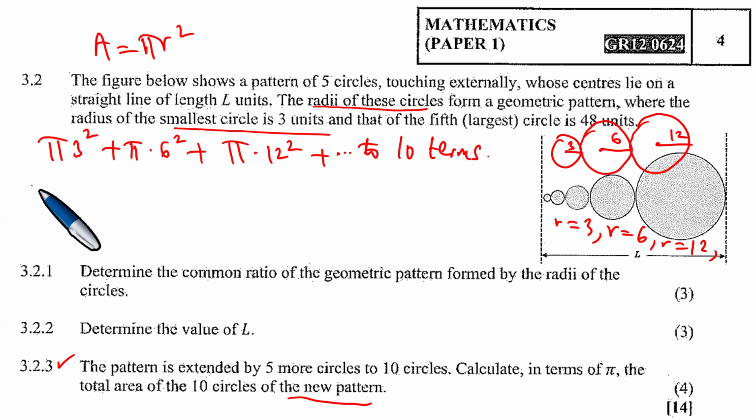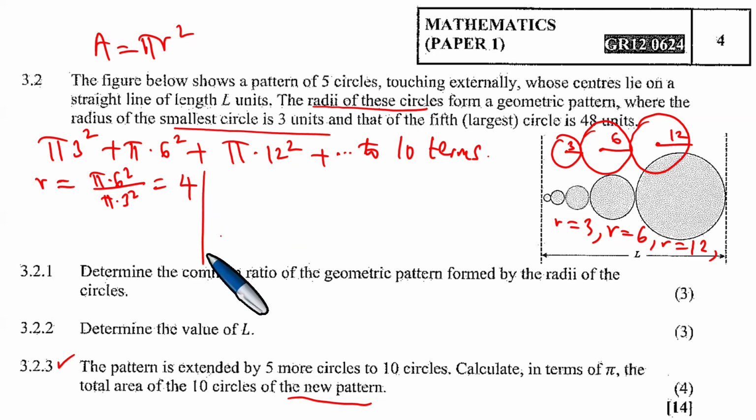Let us find the constant ratio. The constant ratio would therefore be the area divided by the previous area, which is pi 6 squared divided by pi 3 squared. You divide 36 by 9, you get 4. So at the end we have Sn, which is a times r to the power n minus 1 divided by r minus 1.